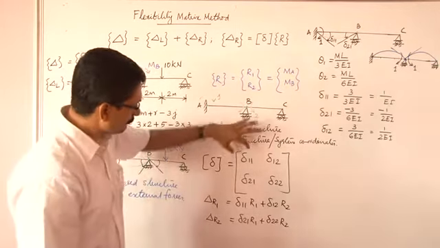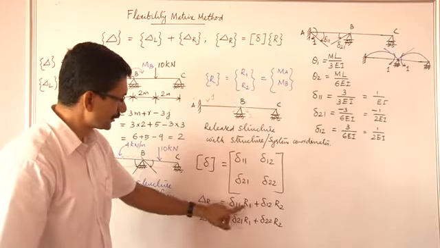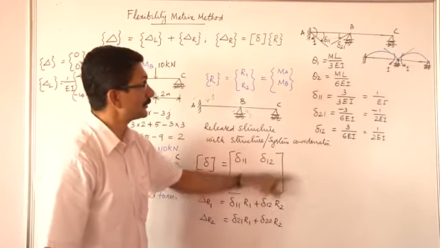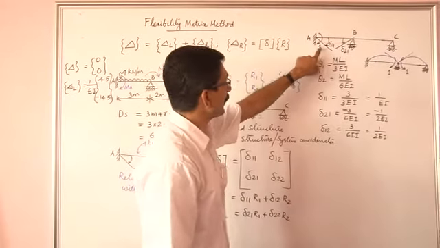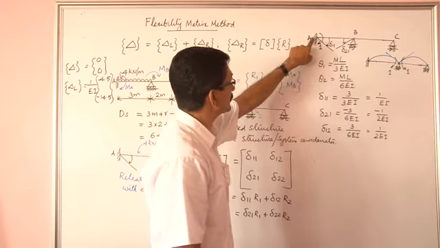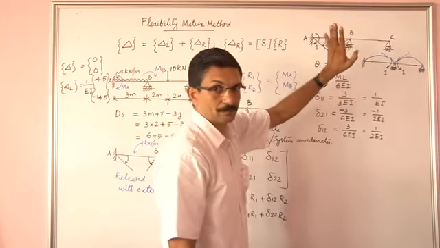So to develop the first column of this matrix, we are going to put R1 equal to 1 and R2 equal to 0. That is given in this picture. Here I have put the moment at this support equal to 1 and the moment here equal to 0.